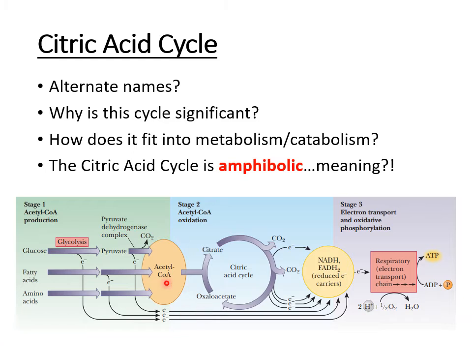And once they're in the form of acetyl-CoA going into the citric acid cycle, you have these electron carriers, NADH and FADH2, that could then go into the electron transport chain.